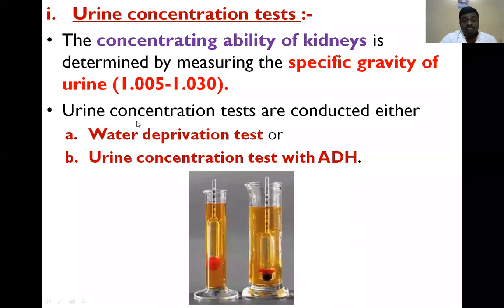Whenever we do not give water to the patients, the water content in the patient's body is greatly reduced. Next one is the urine concentration test with antidiuretic hormone, where antidiuretic hormone is injected into the patient. So, water deprivation test and urine concentration test.